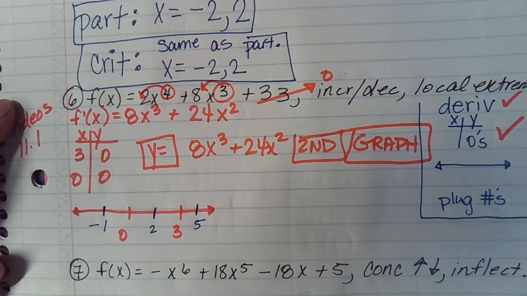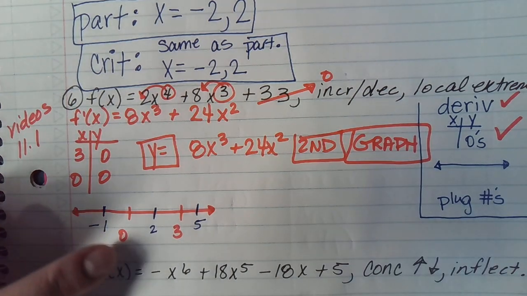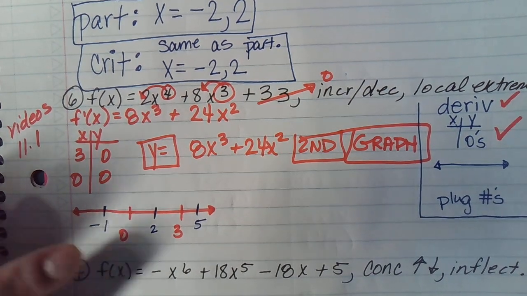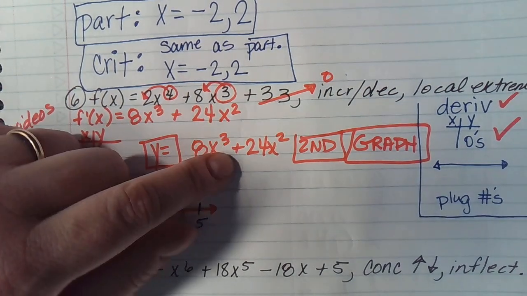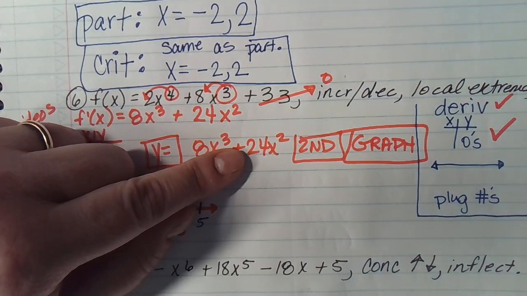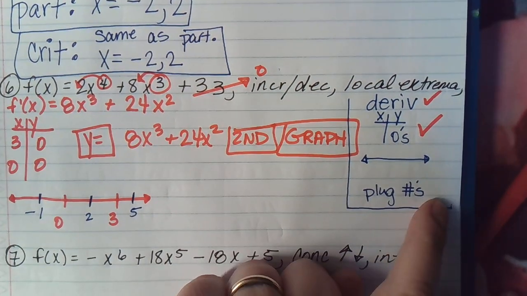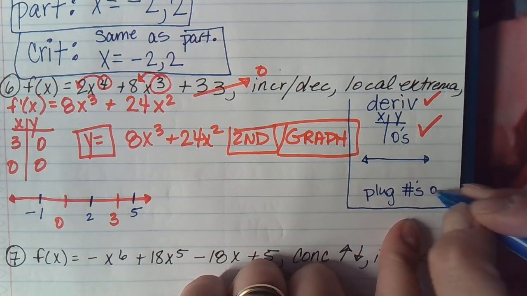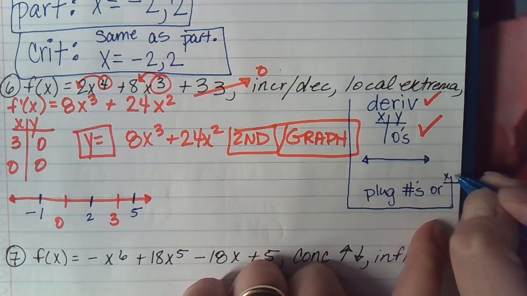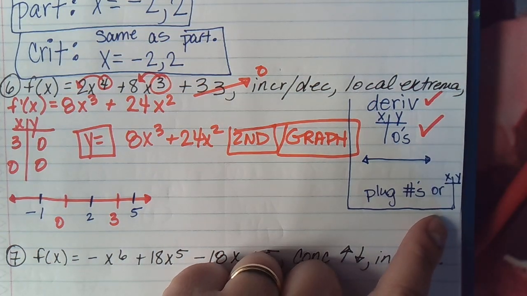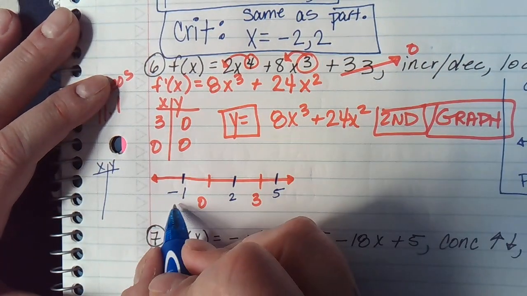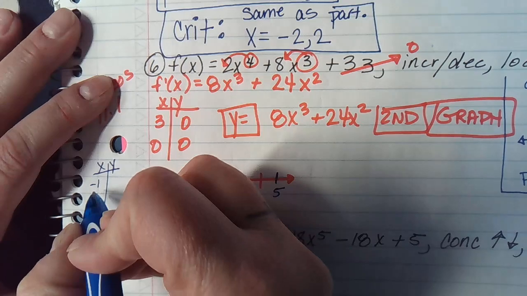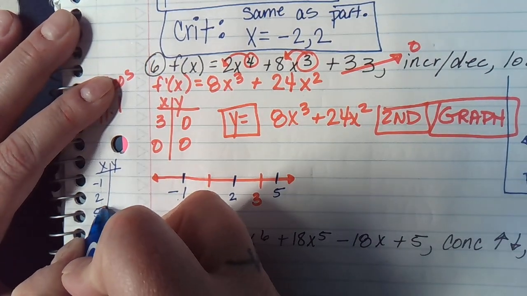Okay. Now, we're going to plug these numbers in to the derivative. Or, since we have a t-chart, we're just going to look at the t-chart. Okay, so let's go back to that t-chart, and I want to know what numbers are across from -1, 2, and 5.